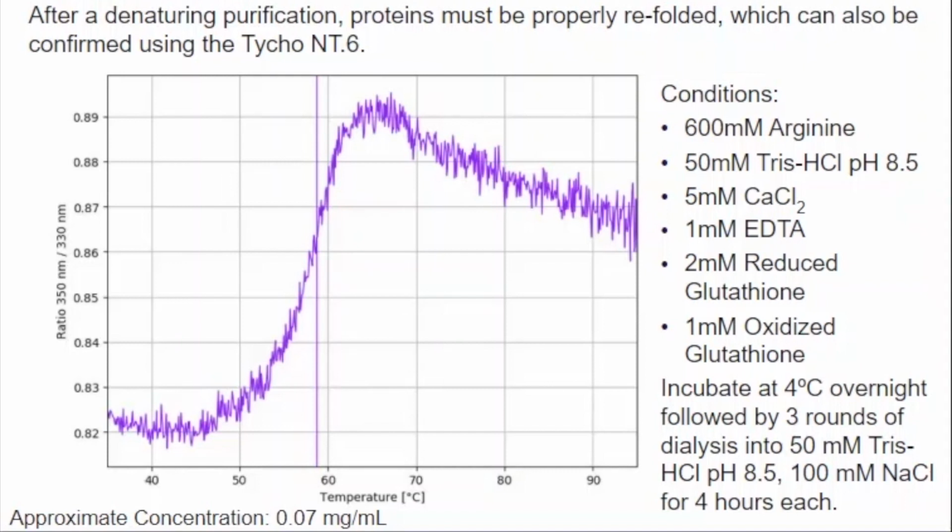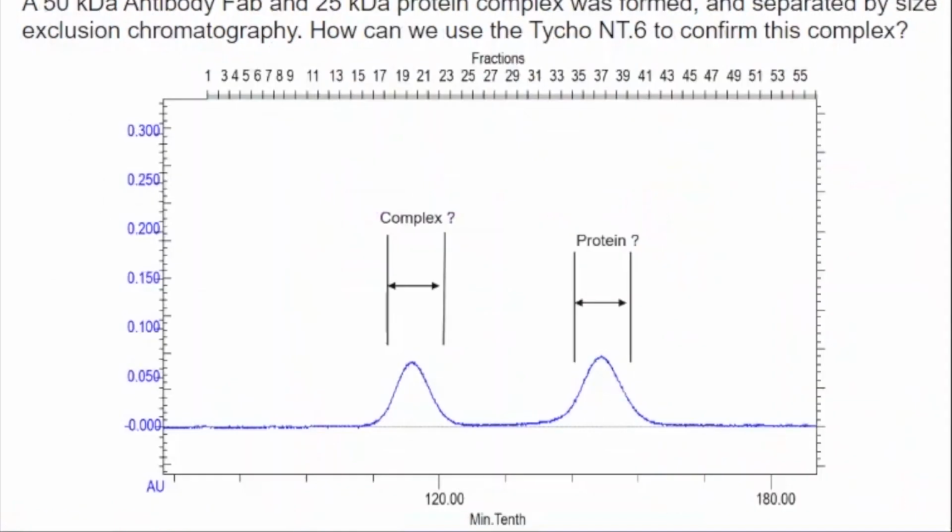Another thing that we use the Tycho for is to detect the formation of protein complexes. So for one client, they asked us to have a complex between a 25 kilodalton protein and a 50 kilodalton antibody fragment.